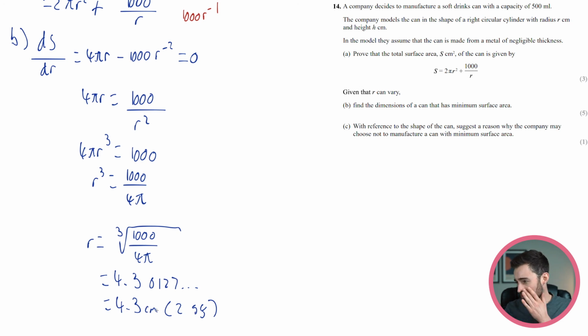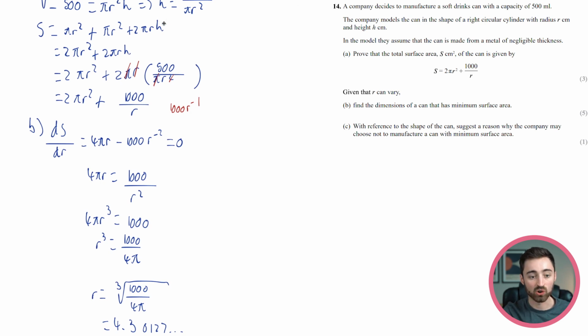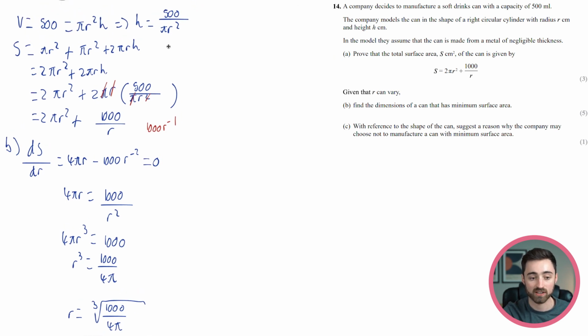Are we done? I don't think so quite yet, because it says find the dimensions of a can that has minimum surface area. Okay, so we know the radius, that's kind of one of the dimensions. We're going to need to know the height as well, aren't we? They're the two variables, radius, height. So if we get the height, we can work this out here. Look, h equals 500 over pi r squared.